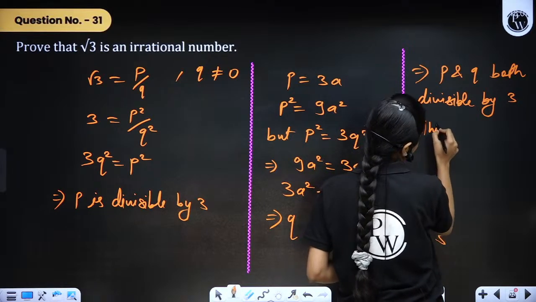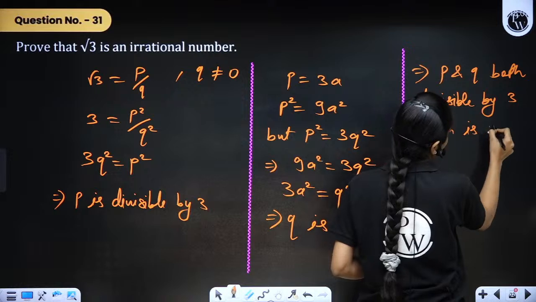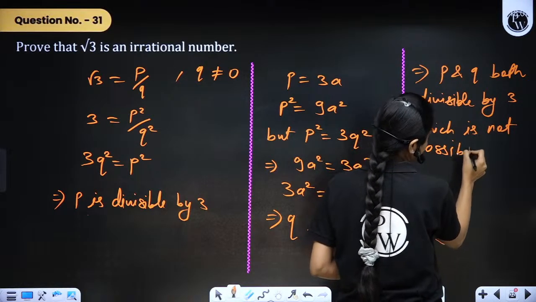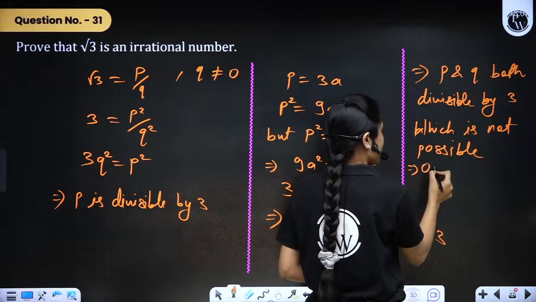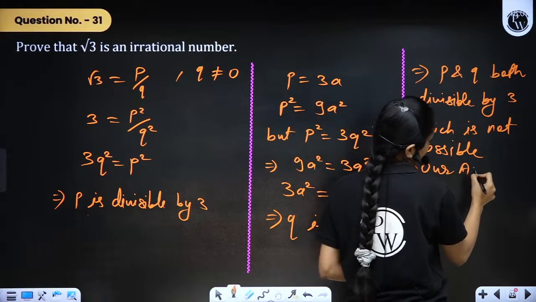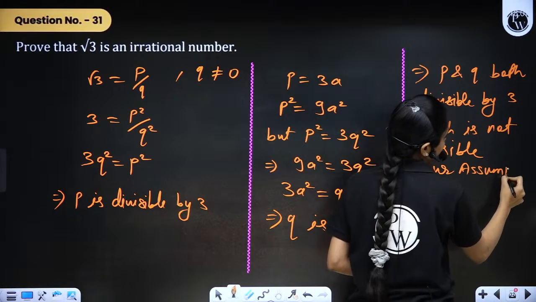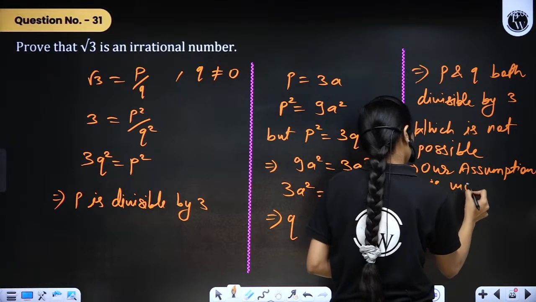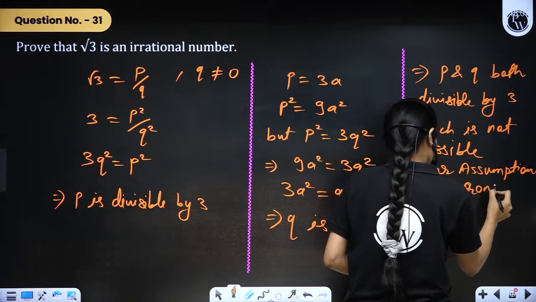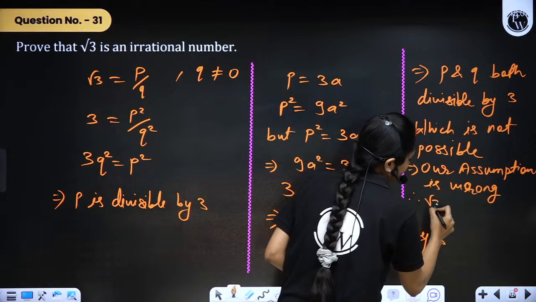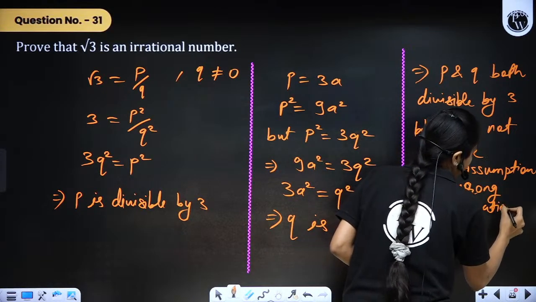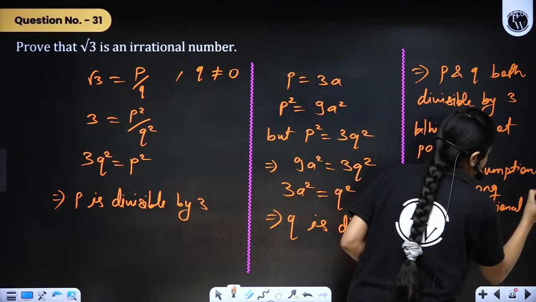Which implies our assumption is wrong. And therefore, root 3 is an irrational number.